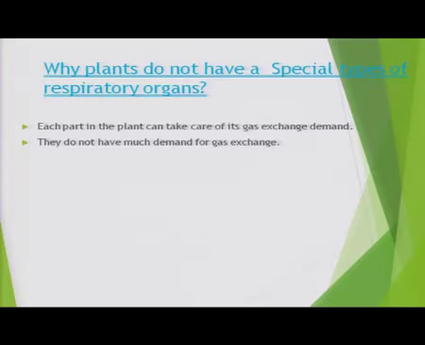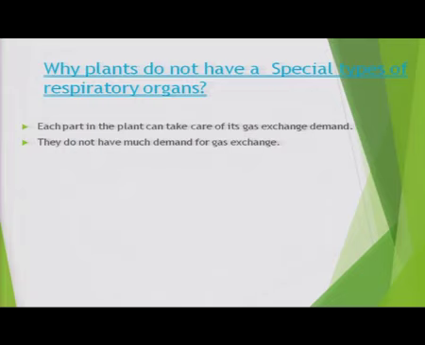The second point is they do not have much demand for gaseous exchange, because respiration requires oxygen. This oxygen need is fulfilled by the photosynthesis product. In that case, the carbohydrate molecule is formed and oxygen acts as a byproduct.